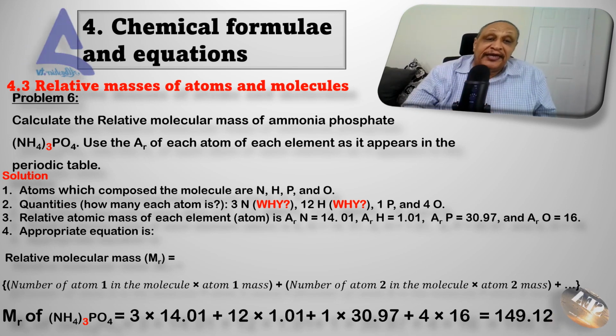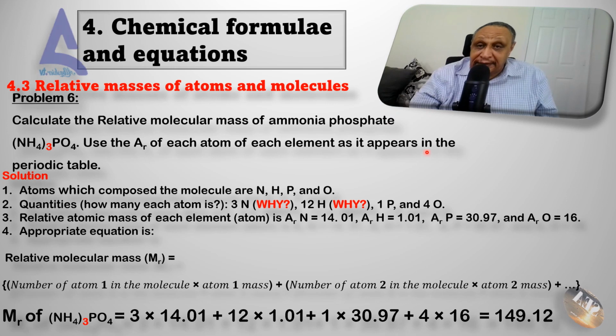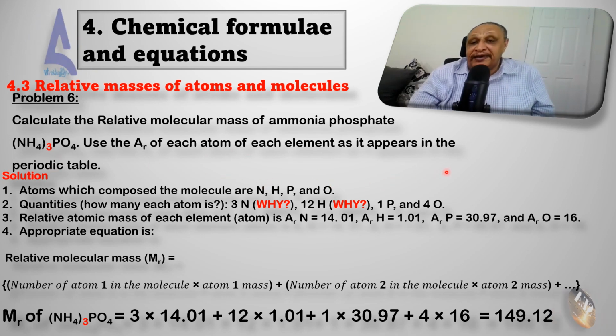Now, this is what it says: calculate the relative formula mass of ammonium phosphate. This is the molecular unit of ammonium phosphate, which is (NH4)3PO4. Use the relative atomic mass of each one as it appears in the periodic table.